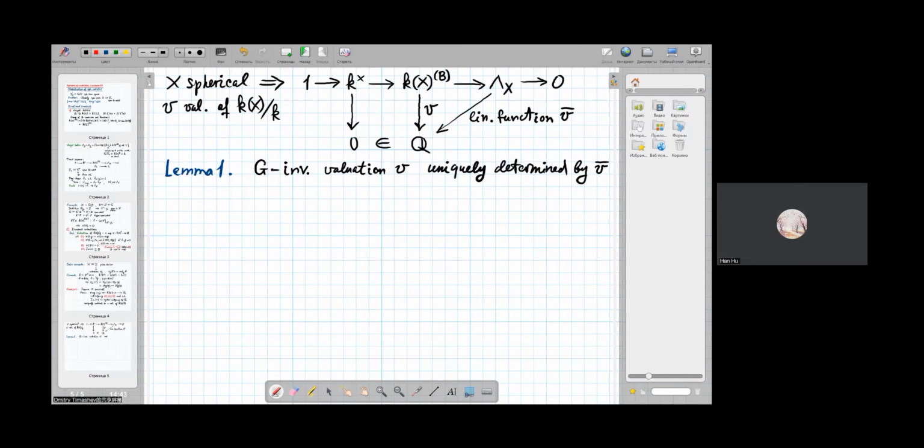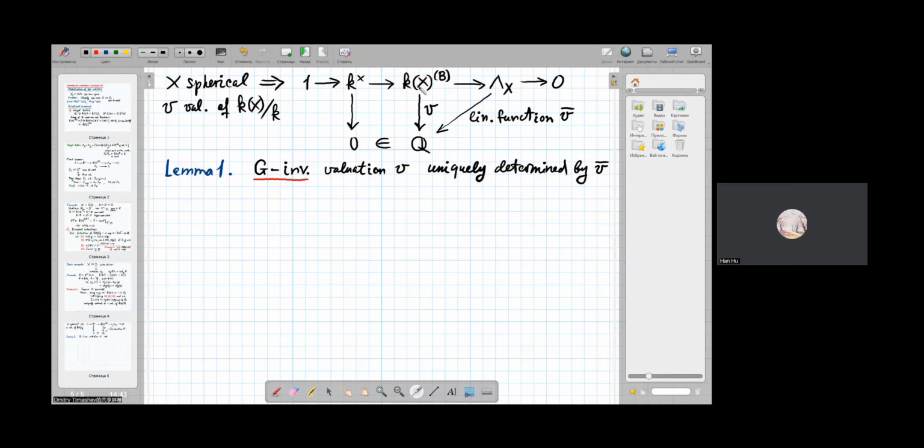So essentially, this lemma says that a G-invariant valuation, so G-invariance is crucial here, is uniquely determined by its restriction to B semi-invariant rational functions. It is a valuation of the whole function field, but it is uniquely determined by the restriction to B semi-invariant rational functions.